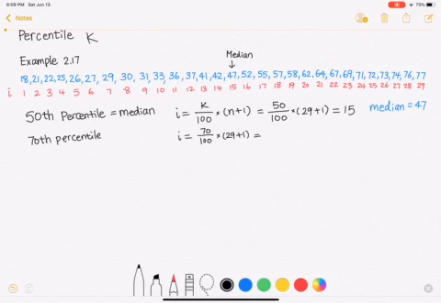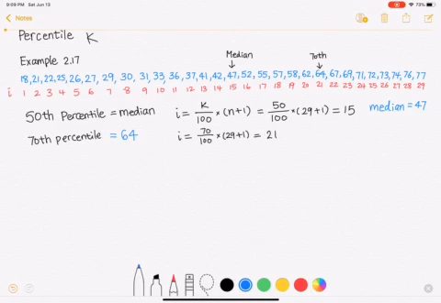So it's 0.7 times 30, which is 21. It's telling you that the number you're looking for is at the 21st position. You can tell that number is 64. So that is the 70th percentile. Your answer is that the 70th percentile is the number 64.